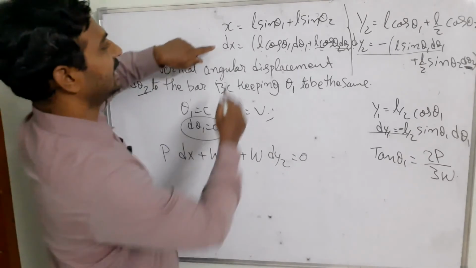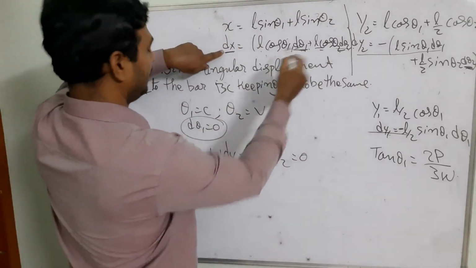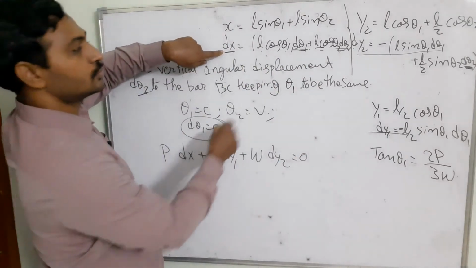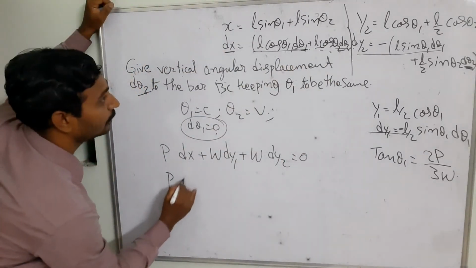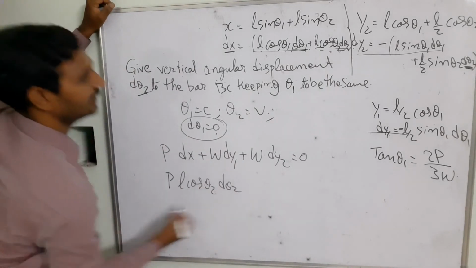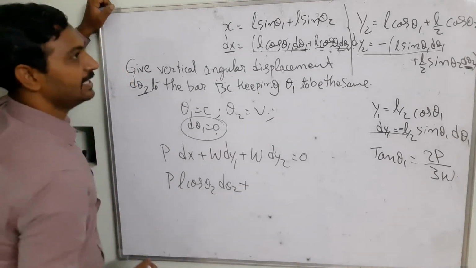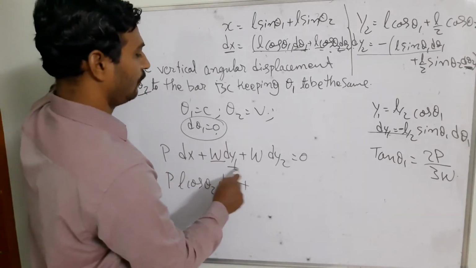When I take the x value, dx, since d theta 1 is 0, I multiply here P into L cos theta 2 d theta 2. Plus W multiplied with dy1.